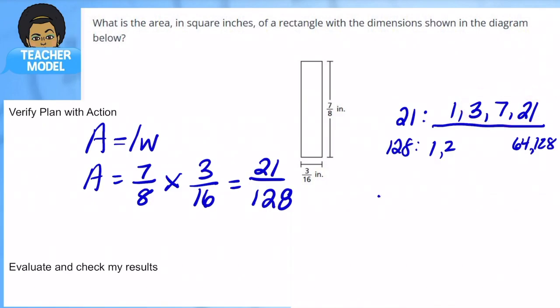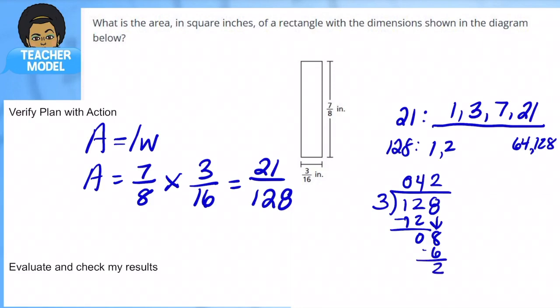So let's see, I'm going to try 3 into 128 and think. If it has a remainder, it is not a factor. Okay, 4. So far, so good. 8. Ooh, so close. 8 divided by 3 is 2. This has a remainder, so nope, 3 is not a common factor.